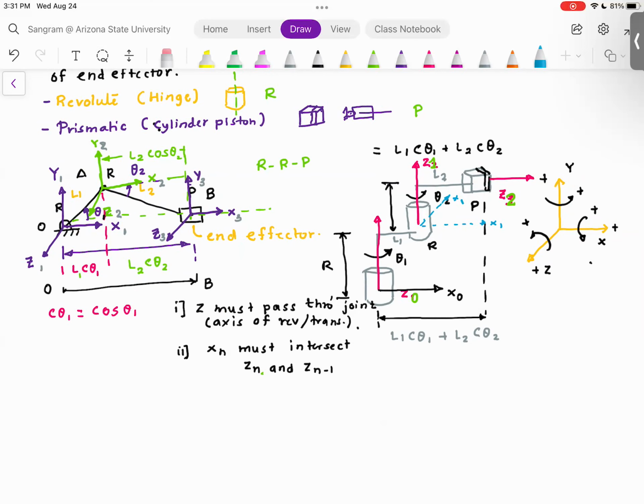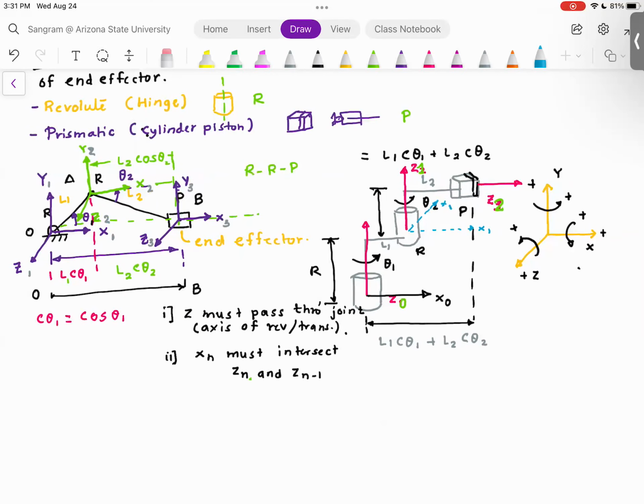So please pay attention. If I choose this as x1, my question to you is, is this x1 intersecting, cutting with z0? Yes, no, yes, no. It depends upon where you visualize that joint is. But if you consider the kinematic position, let me draw a 3D diagram.